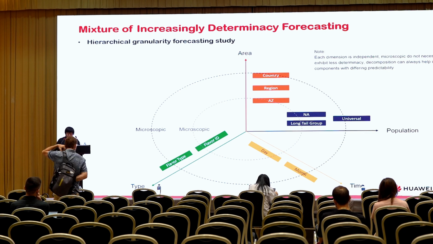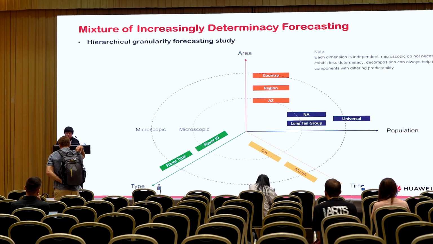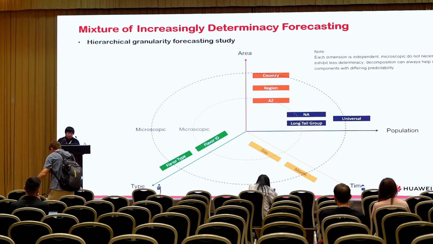Of course, this does not imply that coarser granularity naturally entails lower variation and thus better predictability. Note that each dimension is independent, and the microscopic do not necessarily exhibit less determinacy.